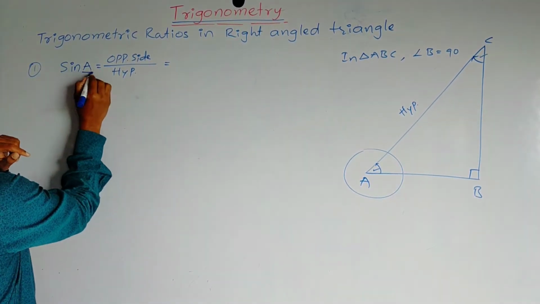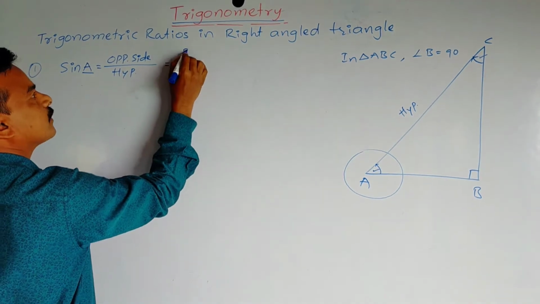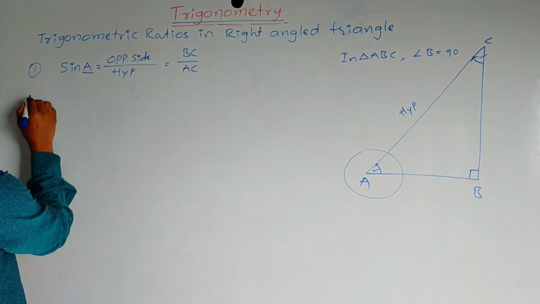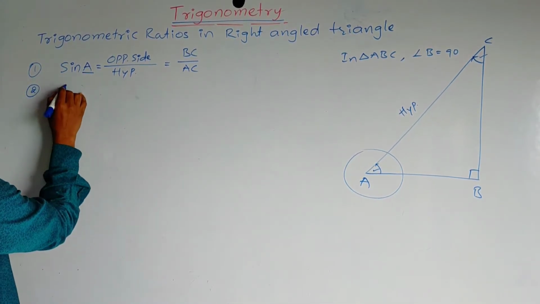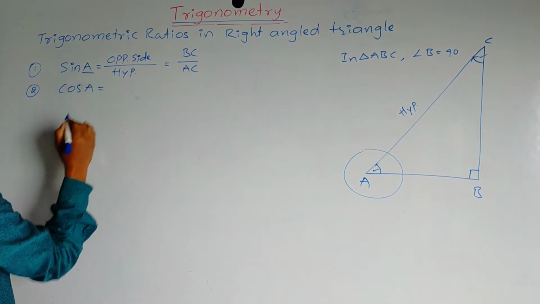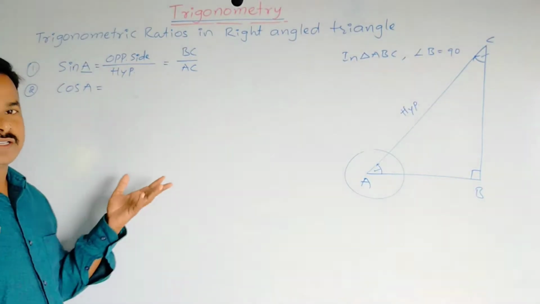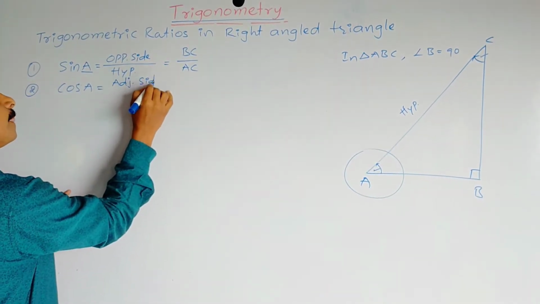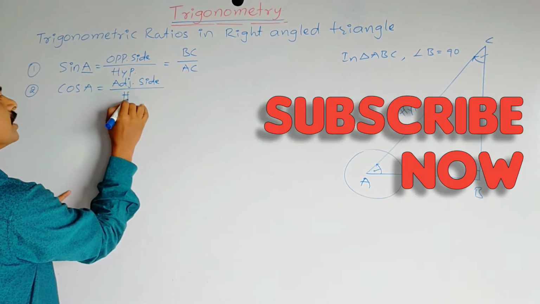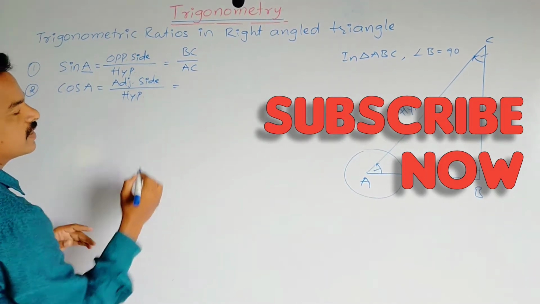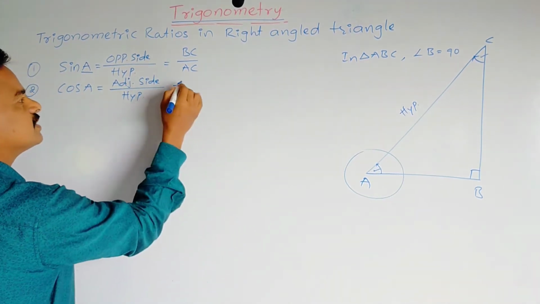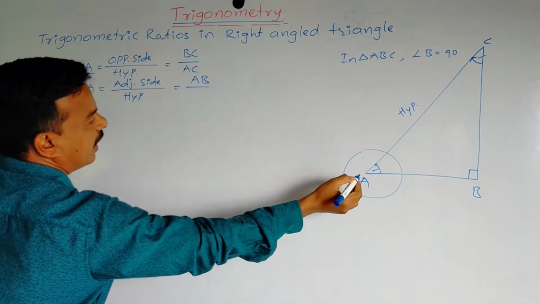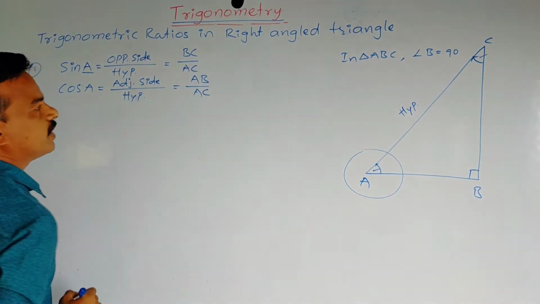Angle A's opposite side is BC, divided by hypotenuse AC. The second ratio is cos A. The cos formula is adjacent side divided by hypotenuse. The adjacent side of angle A is AB, divided by hypotenuse AC.